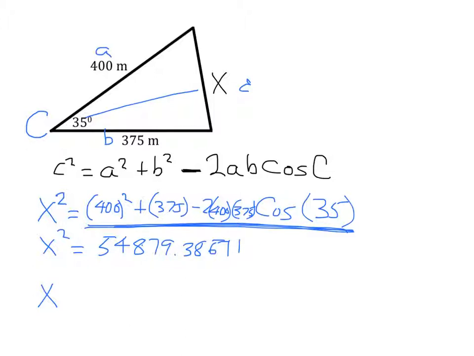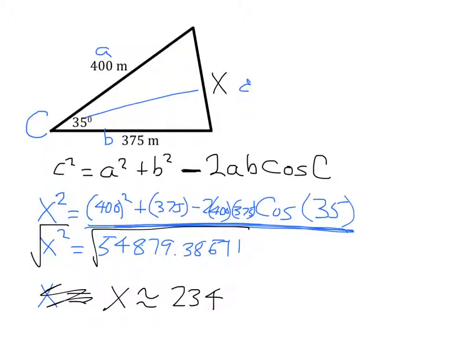That's what x squared is worth. If I square root both sides, I'll be able to figure out how long the missing side is. And I get approximately 234 meters.